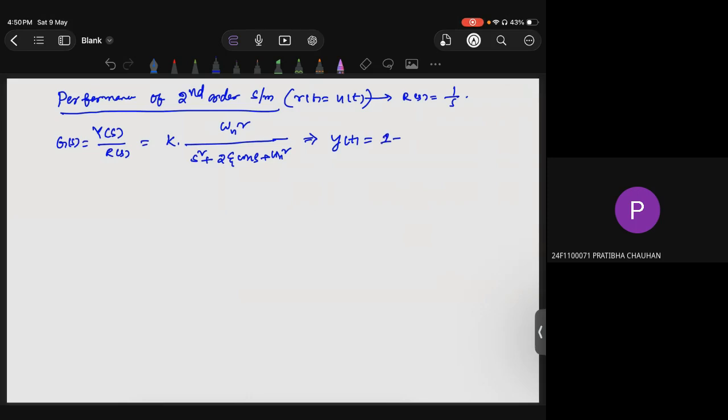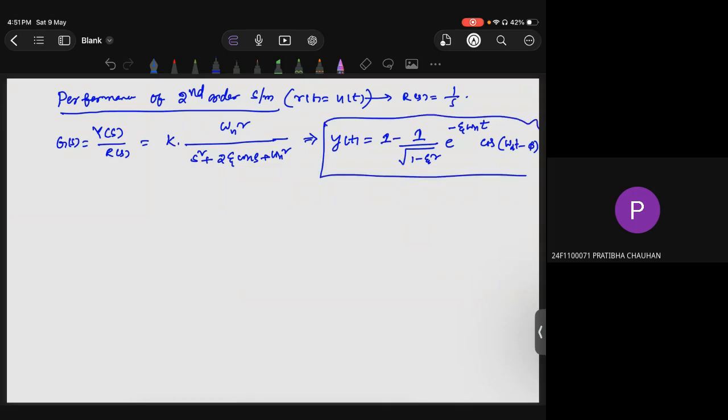That will be something like 1 minus, what do we have? I don't remember this exact definition. 1 by root of 1 minus zeta square, times an exponential term, I think e power minus zeta omega n t, and some cosine term, omega d t minus phi. Yeah, I think this should be correct. Please verify this.